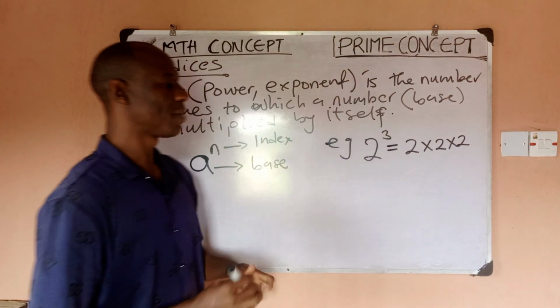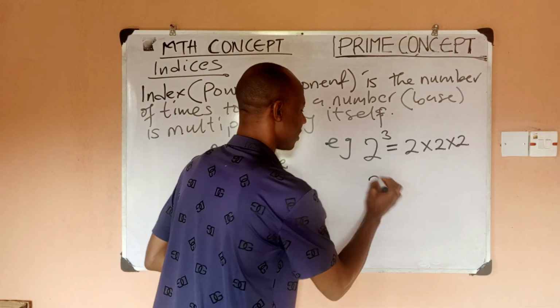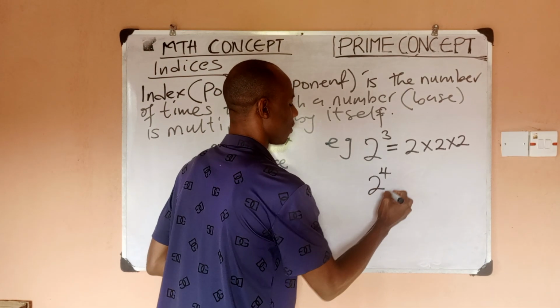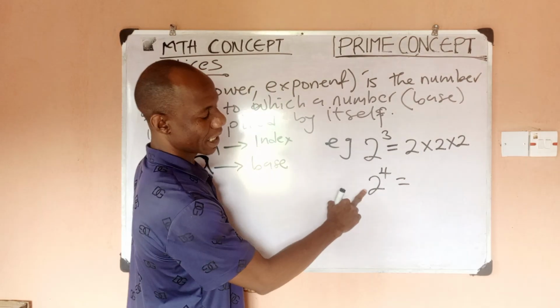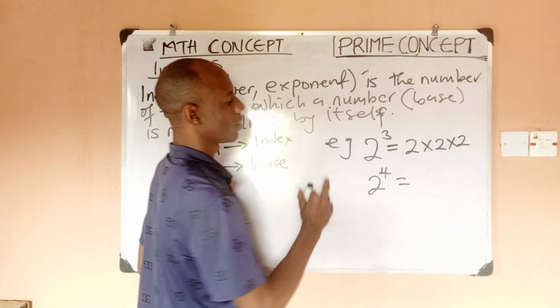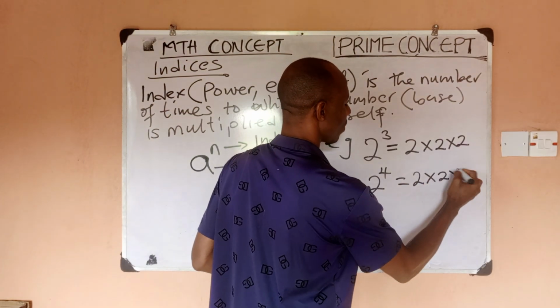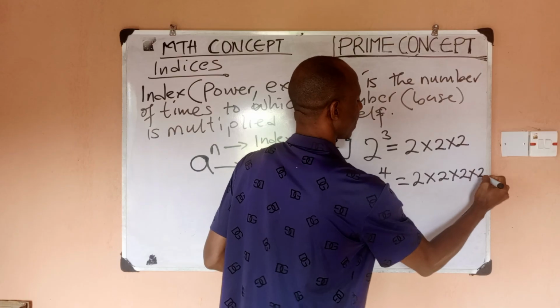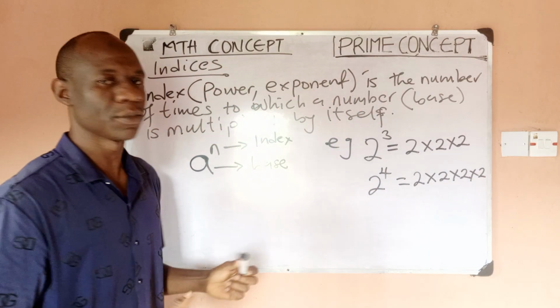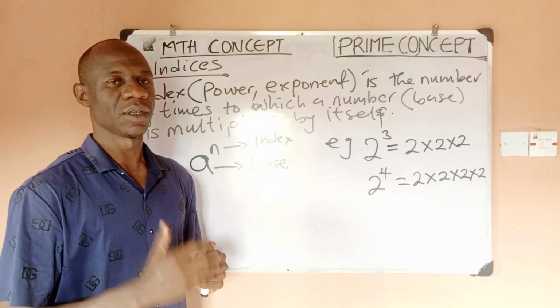So if you see something like 2 raised to power 4, this simply means I'm multiplying 2 by itself. How many times? You are very correct, 4 times. So I would have 2 times 2 times 2 times 2. So that is just what indices actually refers to, the number of times.